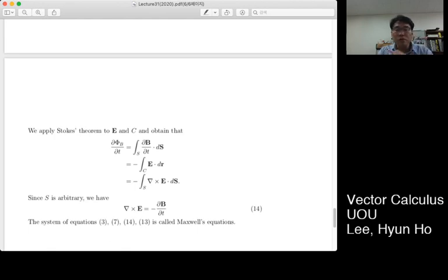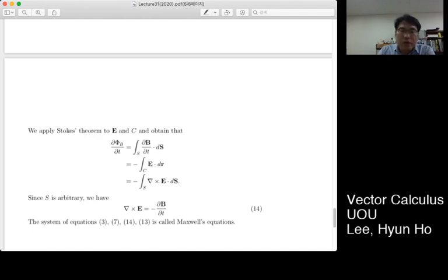If you apply Stokes' theorem, because C is closed and is the boundary of the surface S, this line integral is interchanged with the surface integral of the curl of E. From the second line to the third line, we apply Stokes' theorem.